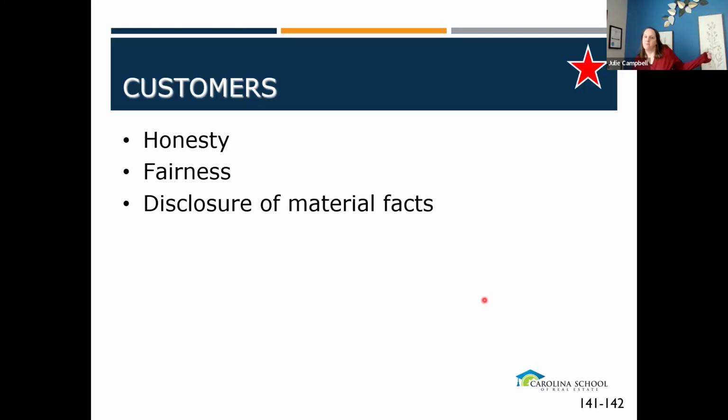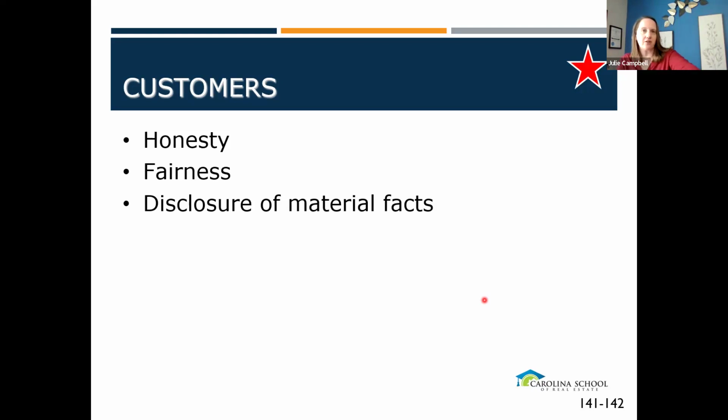So let's say I am the listing agent, which means the seller has hired me, which means the seller's my client. And a buyer becomes interested in my listing. Maybe that buyer has been hired by another firm. Maybe that buyer is unrepresented.